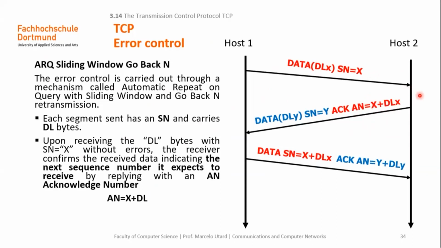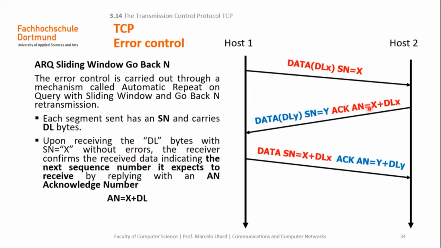Each segment then has a sequence number and carries data length bytes within the segment. Upon receiving the data length bytes with that sequence number X without errors, the receiver confirms the received data, indicating the next sequence number it expects to receive.